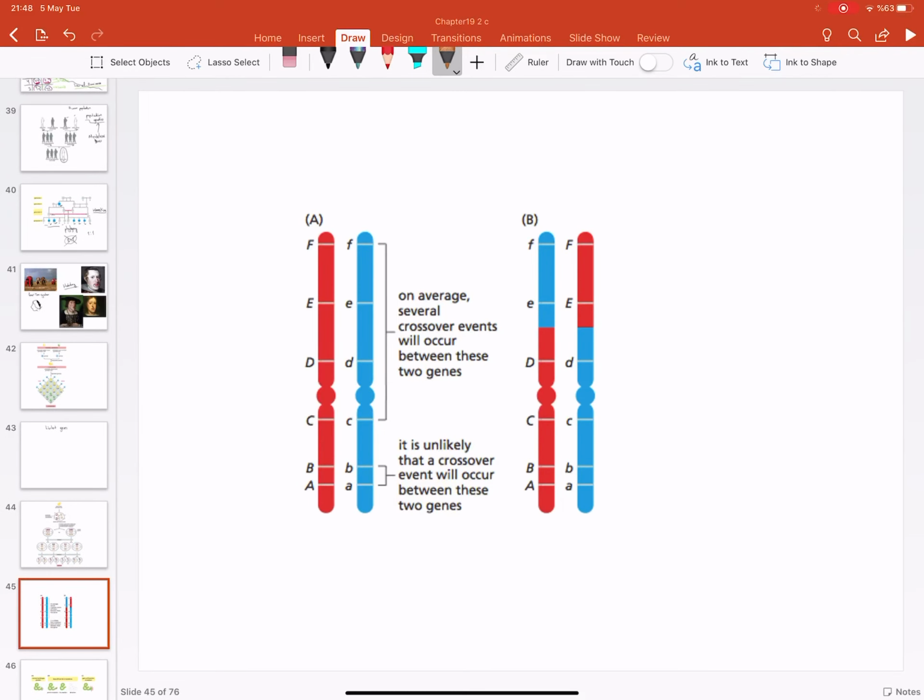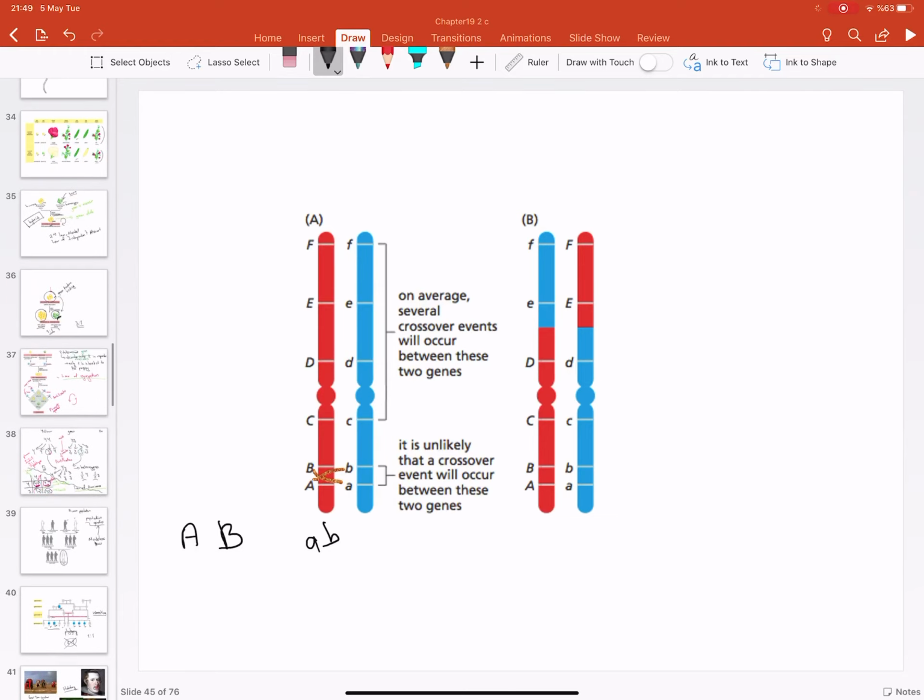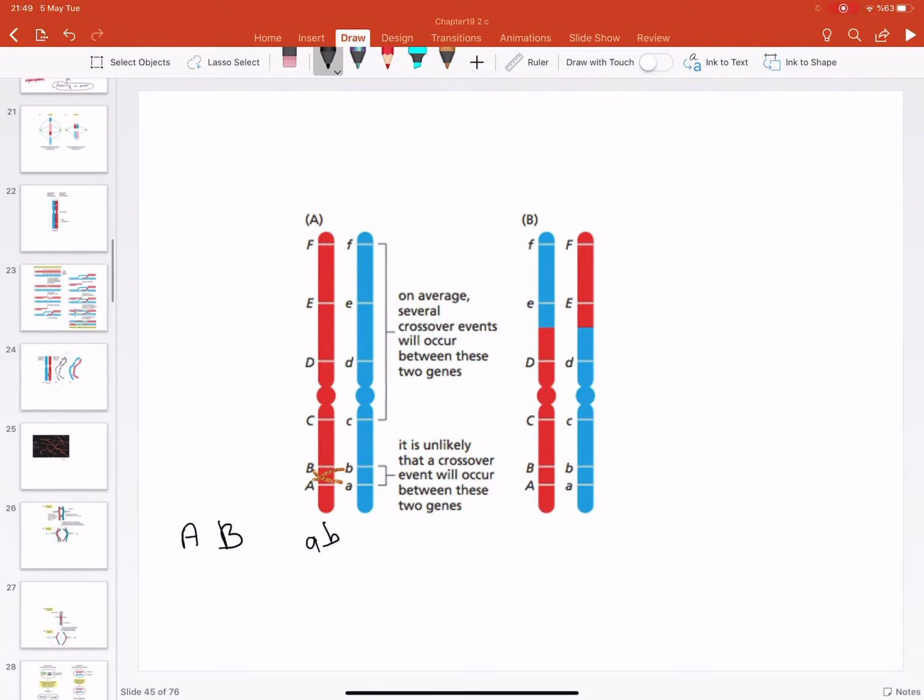Now, check this chromosome. A and B, for example, are really close. So a crossing over event here is very unlikely. This is why we say that the A gene and B gene are linked. This is why capital A is always segregated with capital B, and small a is always segregated with small b. Let's go back to the gene pool analogy.